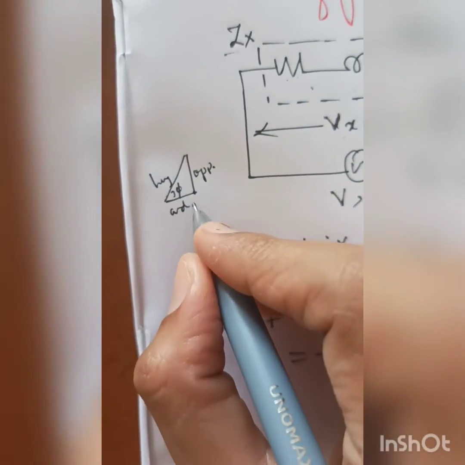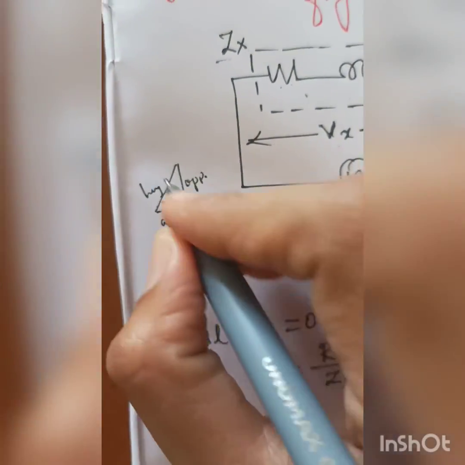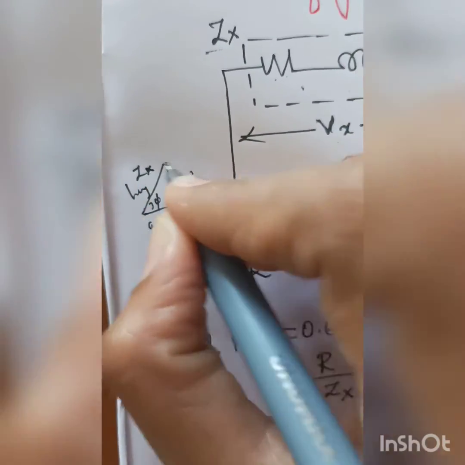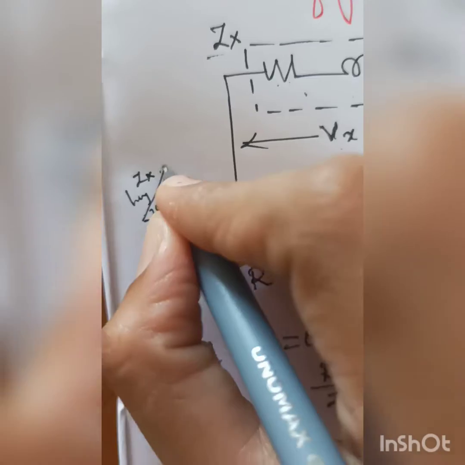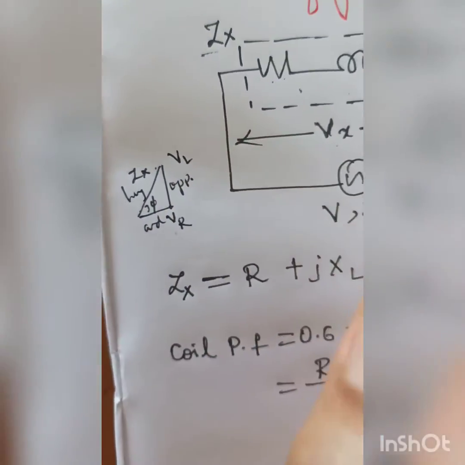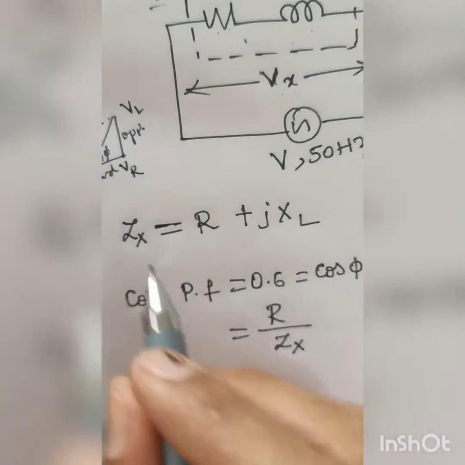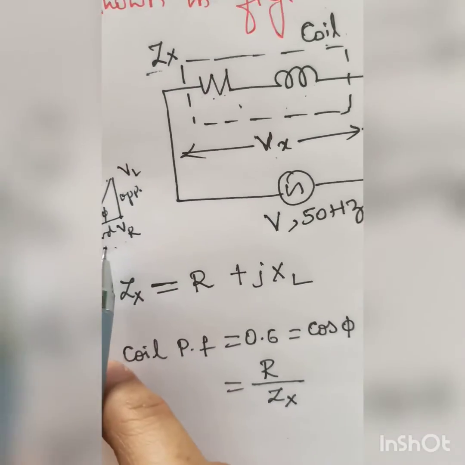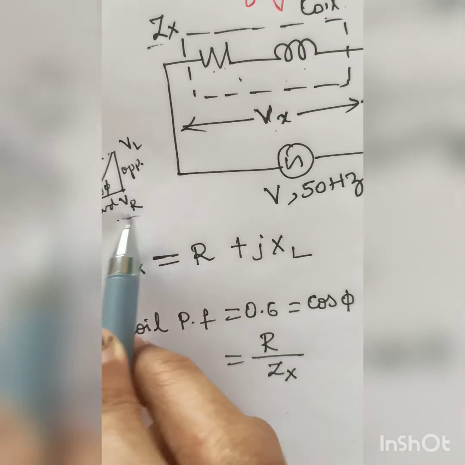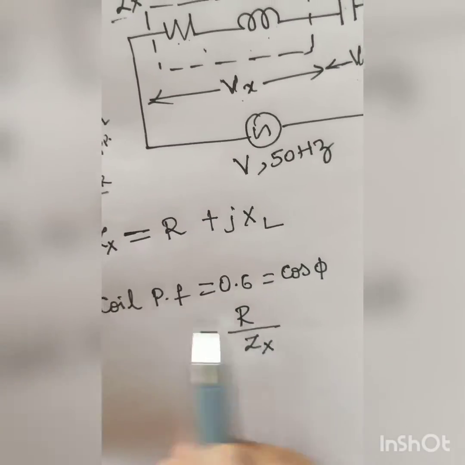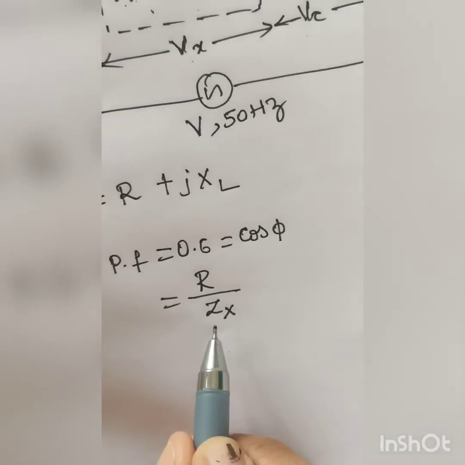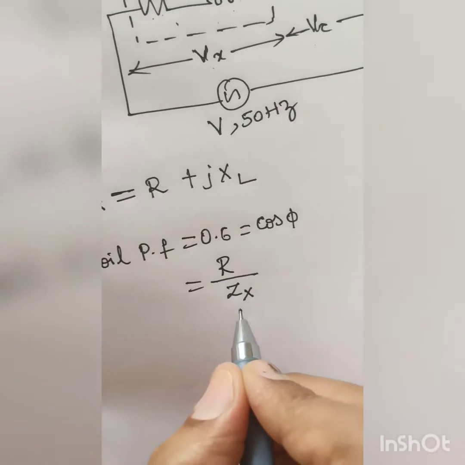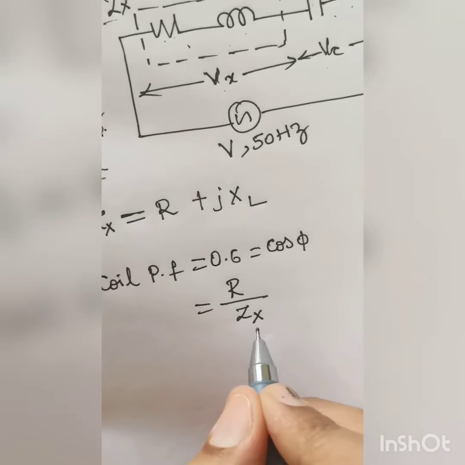So here we have written VR, and here we have written Zx, and then here it will be VL. So cos phi, in the sense adjacent divided by hypotenuse. Adjacent we have as resistance R, and hypotenuse we have as Zx. That's why we can write R divided by Zx.